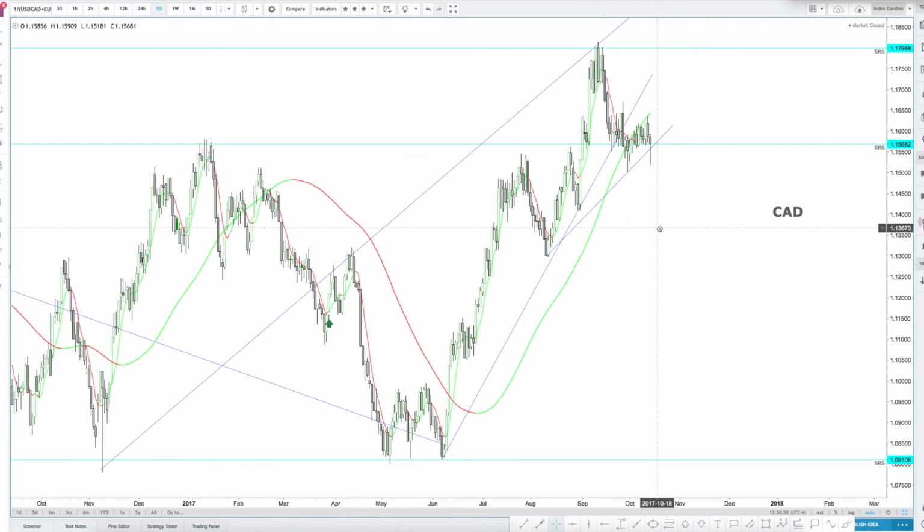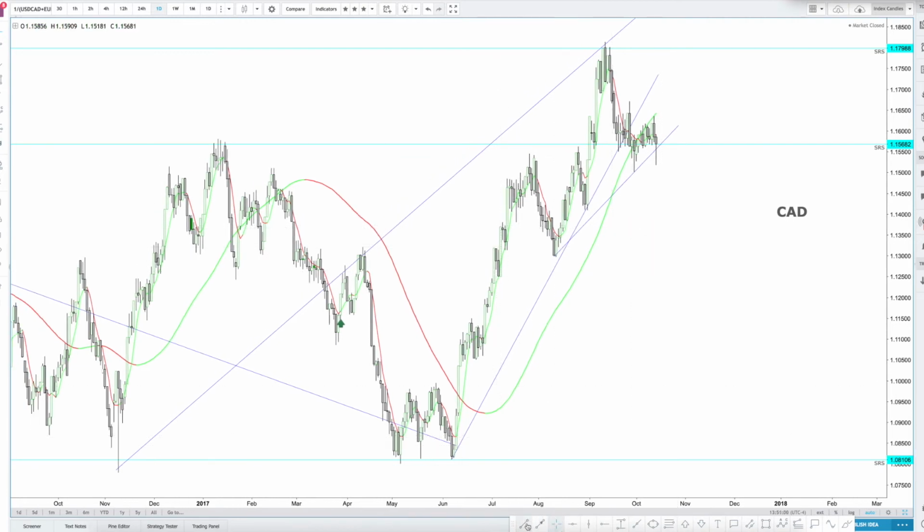So, I'm looking at it and it's kind of starting to look like a bear flag. Let's change this to red, and let's make it thicker. All right. So kind of starting to look like that.